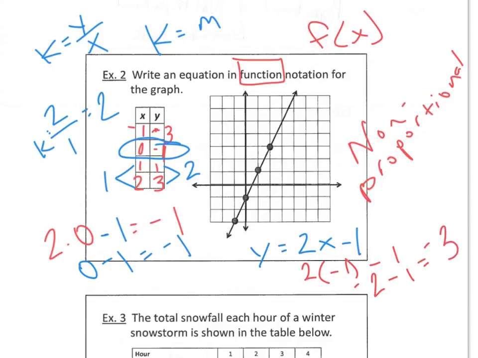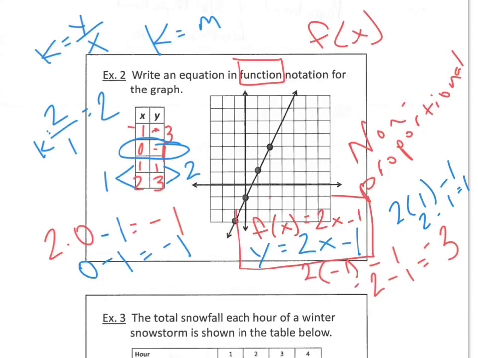Same thing works if I was to plug in for x at 1. 2 times 1 is 2, minus 1 equals 1, which is what we have right here for our y. So whatever you get for your equation, you need to be able to plug it in and solve for the entire table. So our answer is y equals 2x minus 1, and also f of x equals 2x minus 1. So these are the answers that I'm looking for.